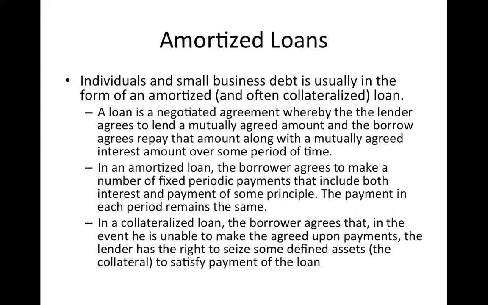And so the benefit for the lender is that they're getting some of that original principal amount that they loaned back over time. And so they don't have to worry about some one-time big payment at the end and whether or not you're going to be able to make that.